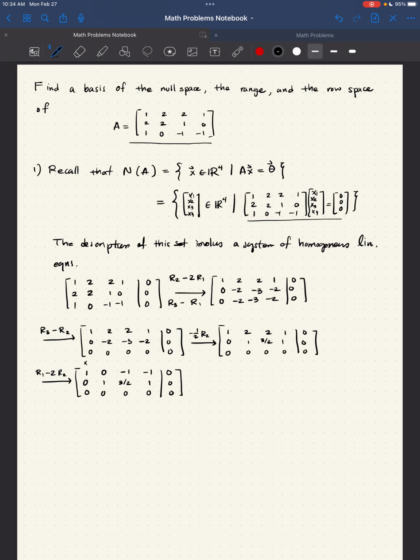So here I'm indicating x1, x2, x3, and x4. So what I'm going to say is the following.